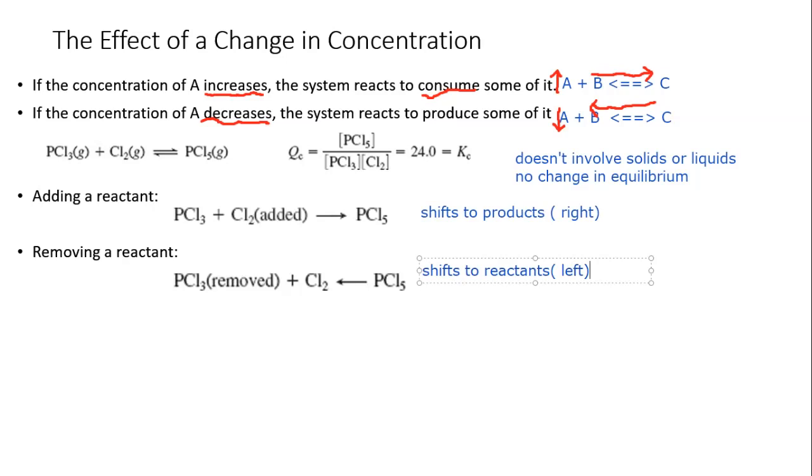If you add a reactant, it's going to shift to products until equilibrium is reestablished. When you're removing a reactant or product, it's going to shift to the side you're removing from. So if you remove a reactant, it's going to shift to reactants. If you remove product, it's going to shift to products. So removing is going to shift to the side that you're removing from. Adding shifts to the opposite side.